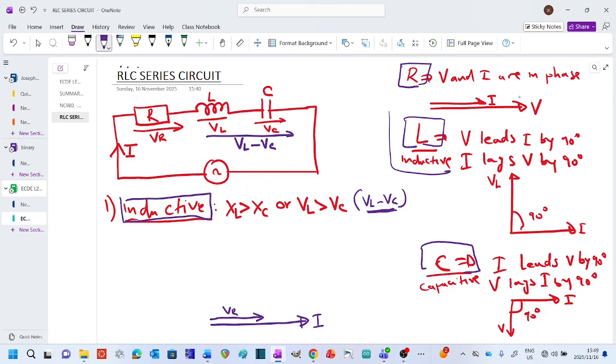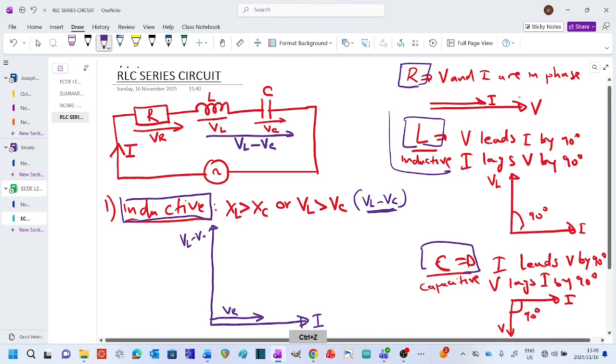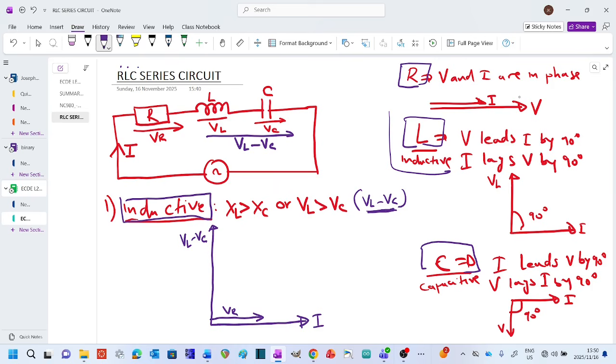It means we're going to draw it pointing upward like that, and we write VL minus VC. That's the name of that vector. Then we just project there, and we get our V total. So this is the case of inductive circuits.